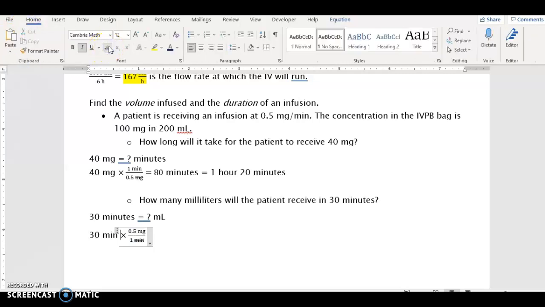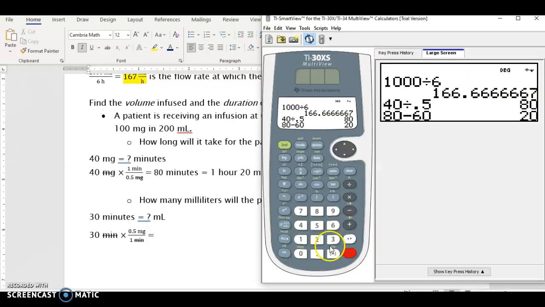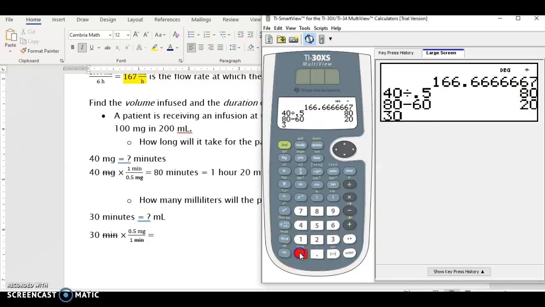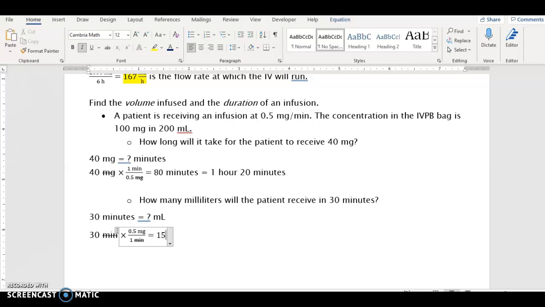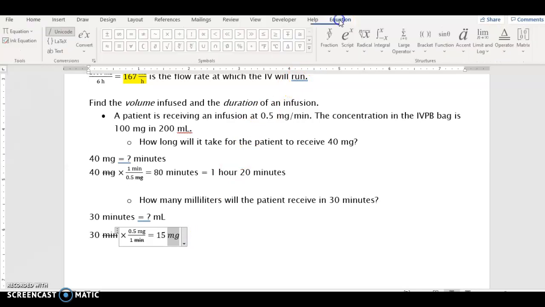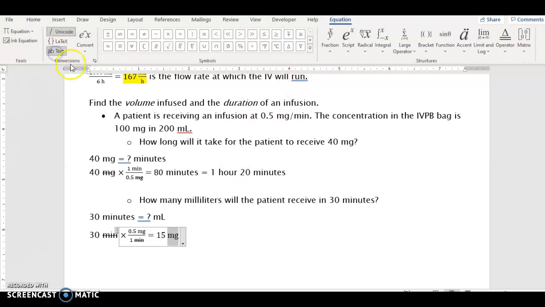So 30 multiplied by 0.5. And remember, dividing by 1 has no effect. So on our calculators, we're going to plug in 30 multiplied by 0.5. We get 15. So this is equal to 15 milligrams. So over the course of 30 minutes, the patient is going to receive 15 milligrams of the drug.